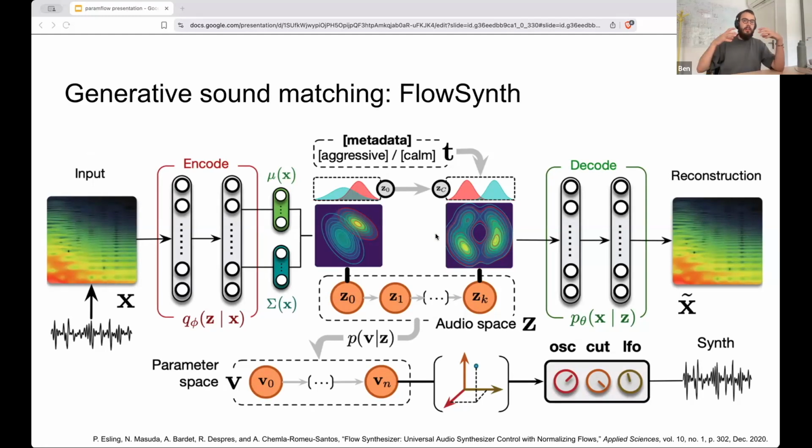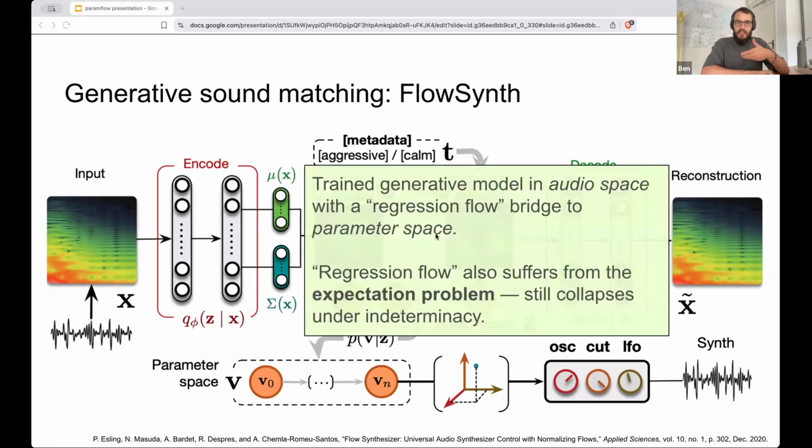The way it worked was training a variational autoencoder in audio space, and then learning an invertible mapping from the latent space of that VAE to the parameter space of the synthesizer. Now, this was a really cool idea, but sadly, the way they were forced to train this bridge between audio latent space and parameter space also suffered from the expectation problem. So this was a step in the right direction, but it didn't solve these underlying issues.